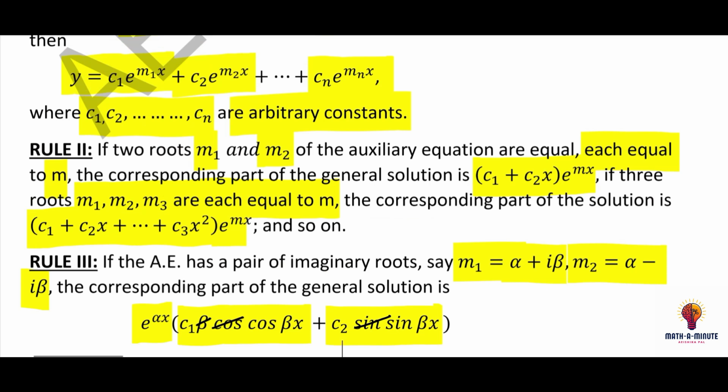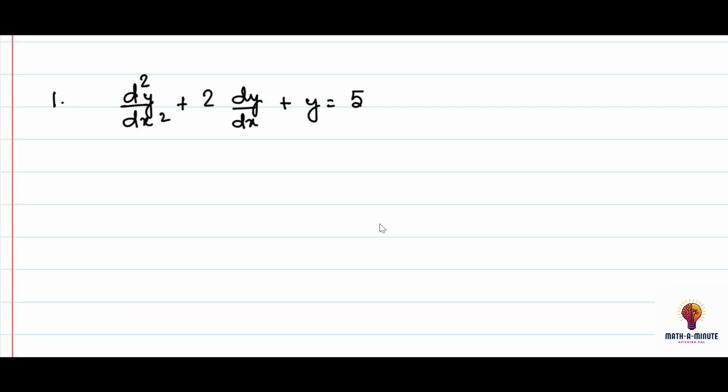Now it's time to understand this method with some examples. Suppose for this example, we want to find the complementary function. For that, we have to make this equation a homogeneous equation. So homogeneous equation means we have to take this R of x part equal to 0.